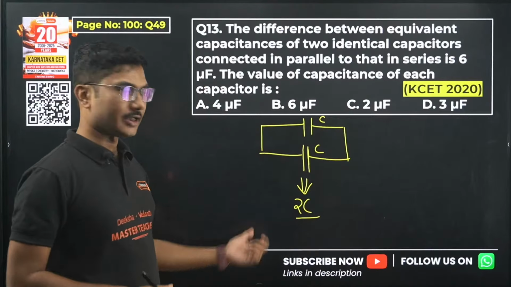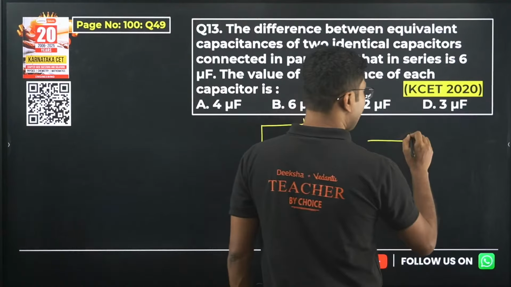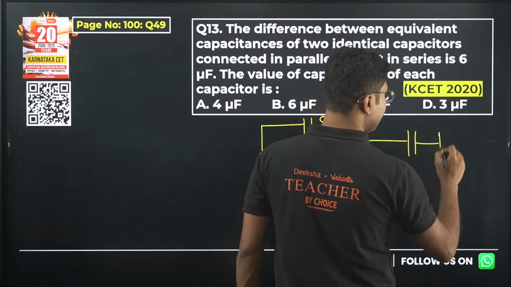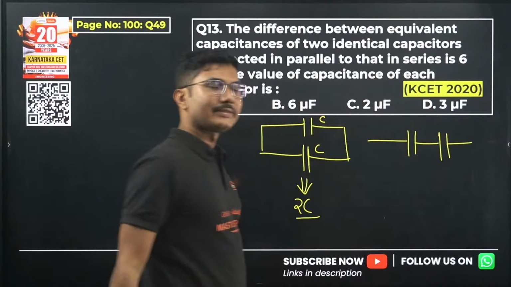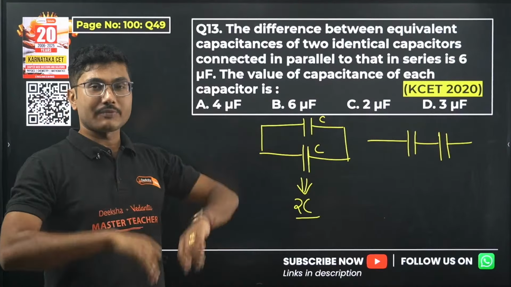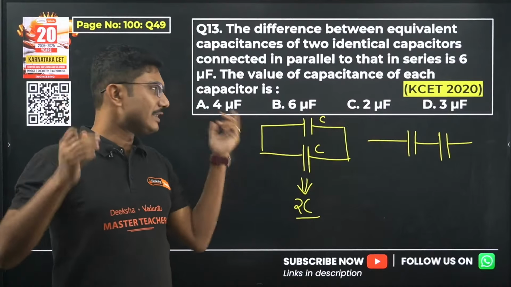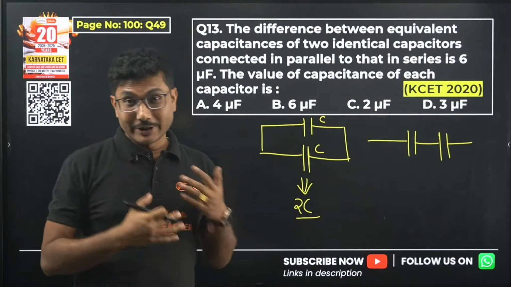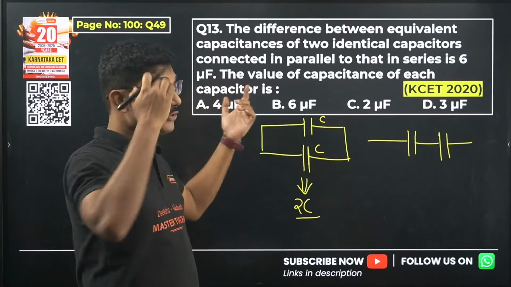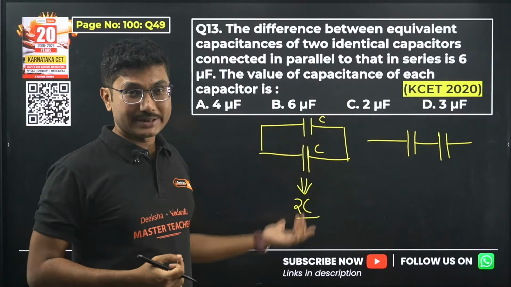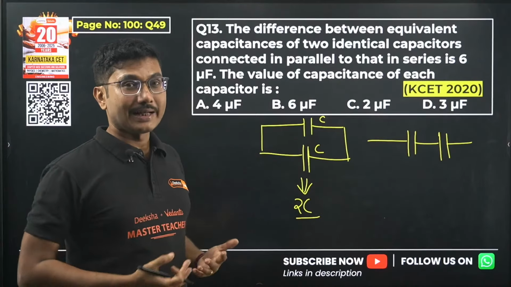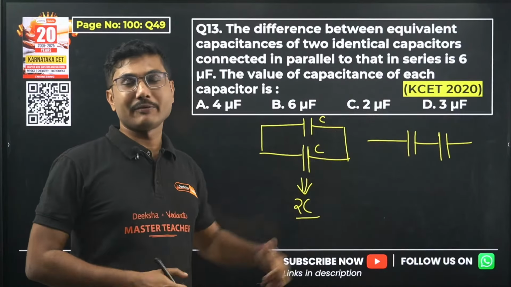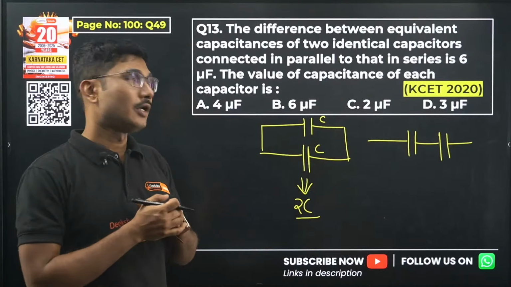Parallel means addition. Sometimes in a very speedy way this can create some problems, because this is opposite to that of resistors. Students tend to forget this between resistors and capacitors, because we are solving questions from one chapter, so you might have that confidence, but you have to replicate that when multiple chapters are combined together.